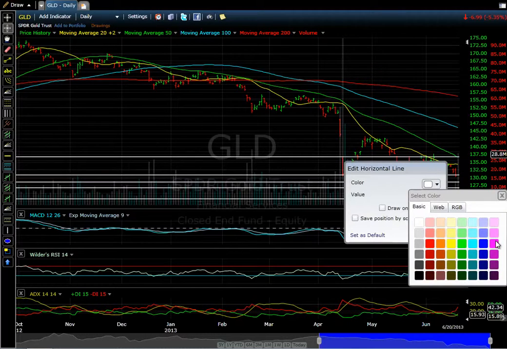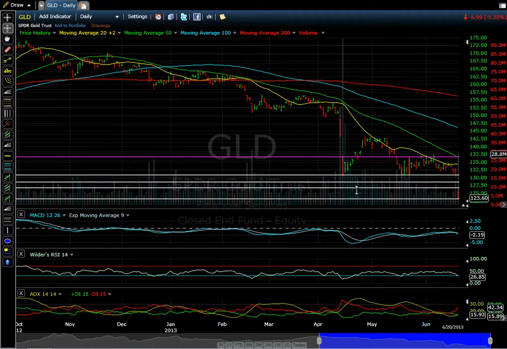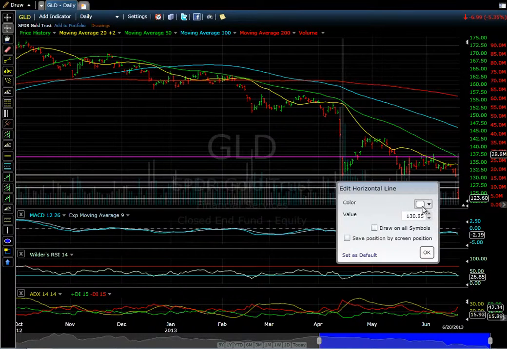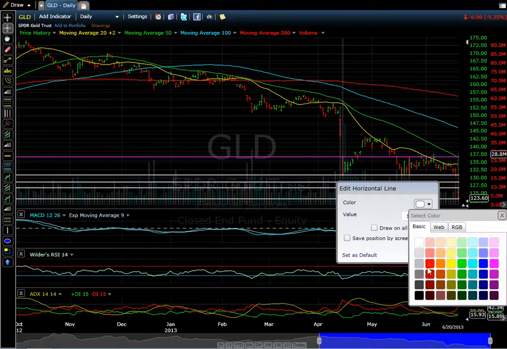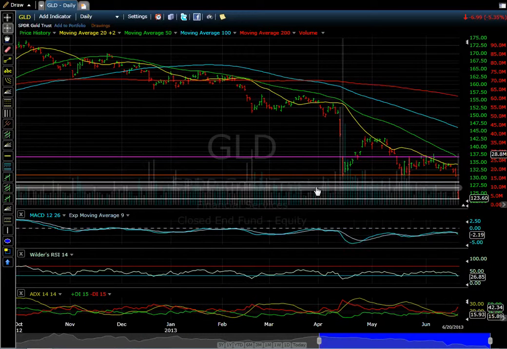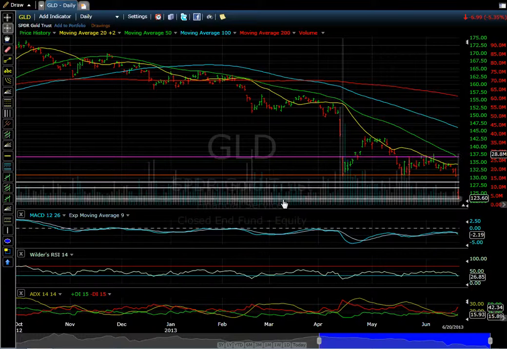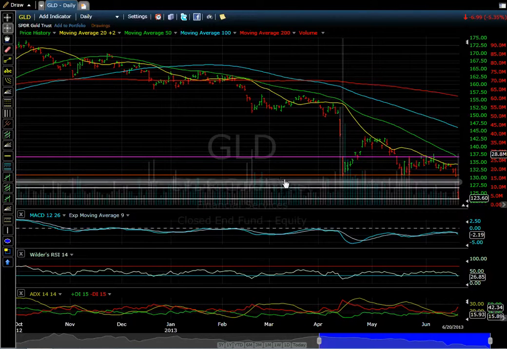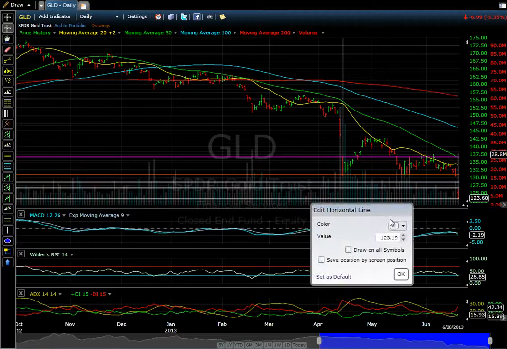I like the strong support here that it broke through. I color that brown. These other 2 white lines, I won't color, but I will color this one, as this was a major bottom.